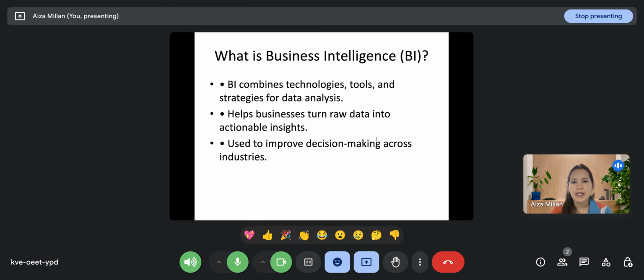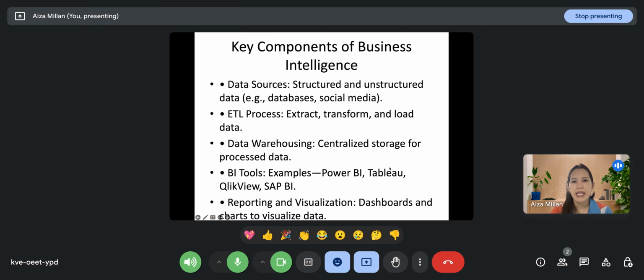BI systems typically involve data sources where data comes from, like databases or even social media. ETL processes: extracting, transforming, and loading data for analysis.